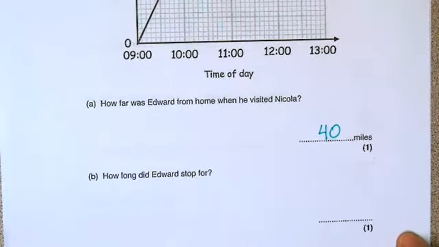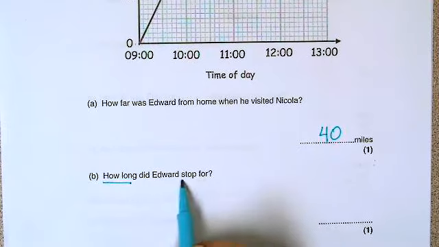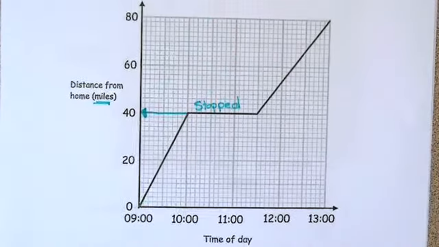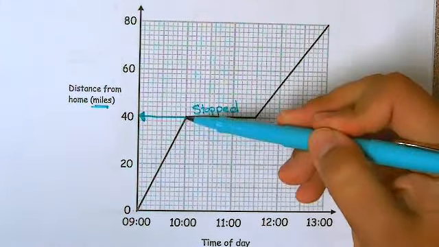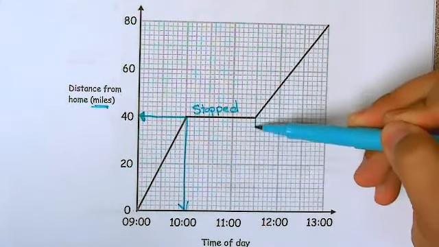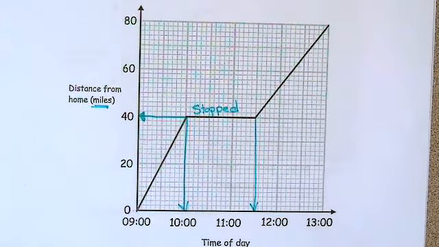Okay, the next question was how long did Edward stop for? So we only want to know how long was he stopped or having no motion. So he was stopped here. So the time is on the x-axis. So we're going to come down here and we only want to know the amount of time that he was actually stopped for.